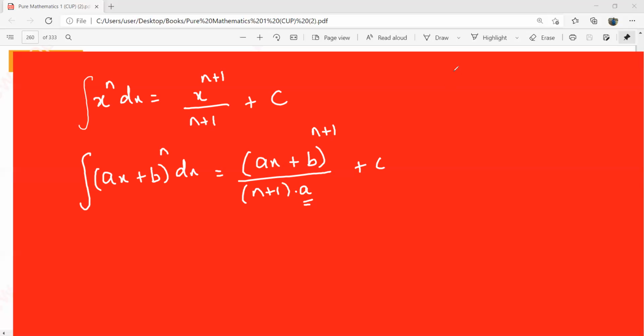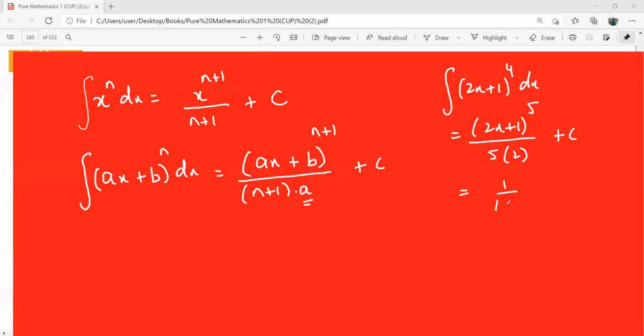You can be asked to integrate something like (2x plus 1) raised to power 4. This would be (2x plus 1) to the power 5 over 5 into 2, plus c. You can simplify this into 1 over 10 into (2x plus 1) to the power 5 plus c.